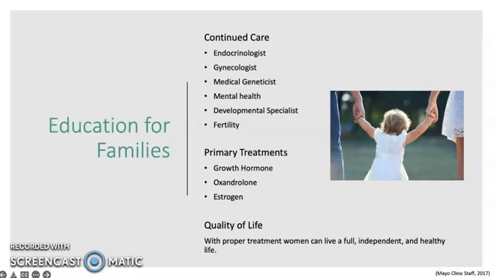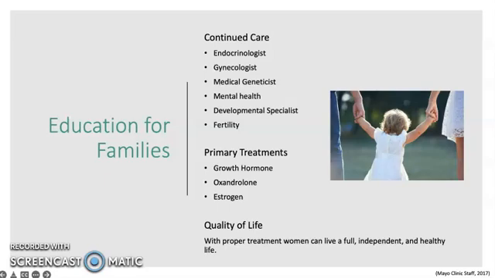So finally, when parents do find out their child's diagnosis, it's really important to have education ready for them, information ready to provide the family. So the biggest thing with Turner syndrome is that continued care. So there are different specialists that women and girls will work with to help manage their symptoms.